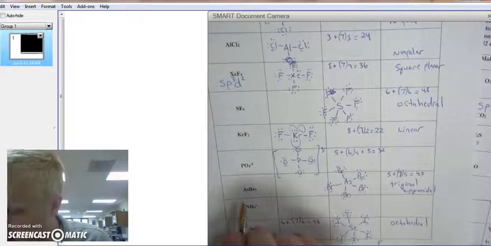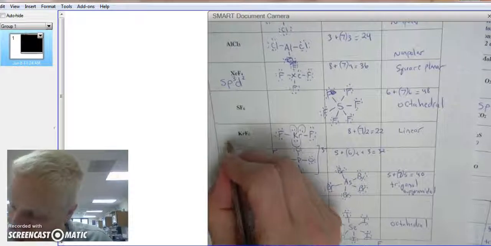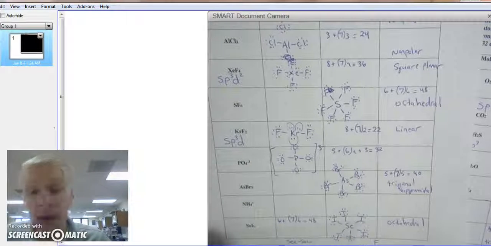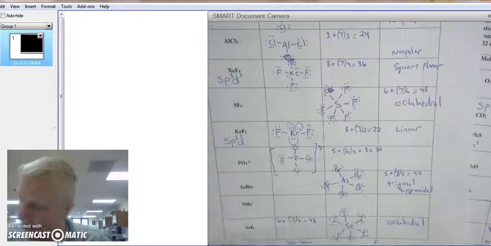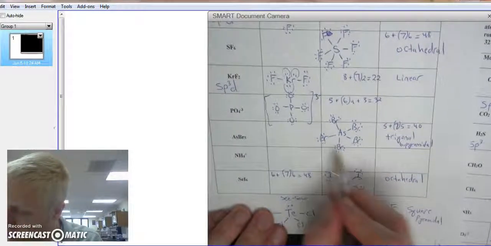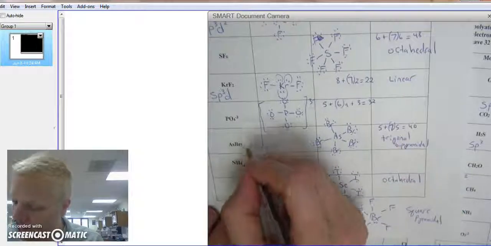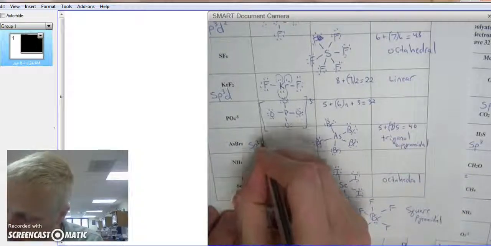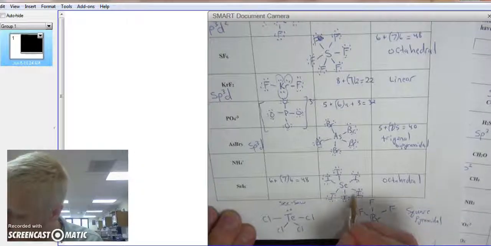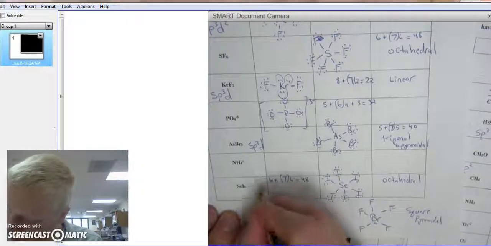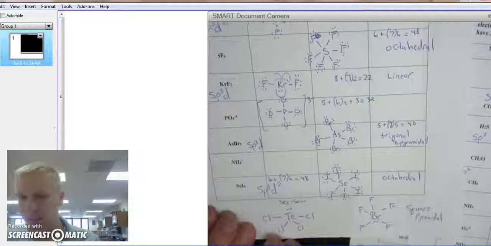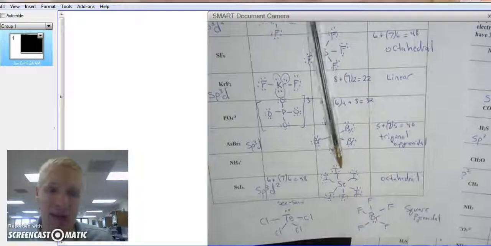This guy's linear. 5 electron groups is sp3d, that's 3, 4, and 5. sp3d hybridized. And this one, 5 electron groups, this one also is sp3d. And this one, SF6, 6 electron groups. It's sp3d2, 3, 4, 5, 6. And that is hybridization.